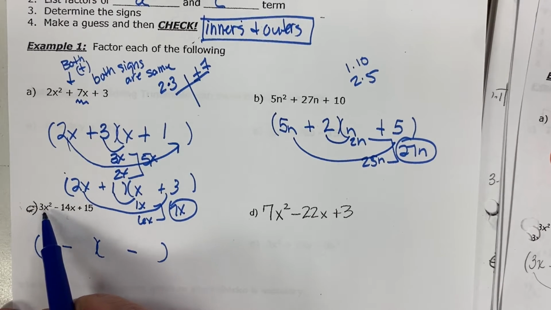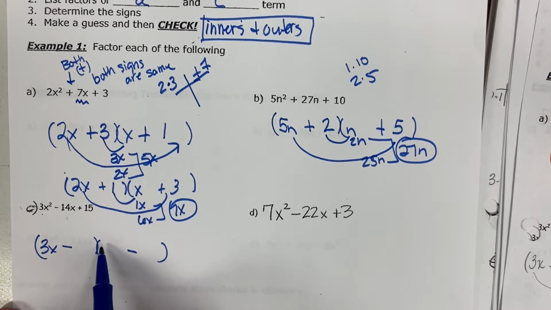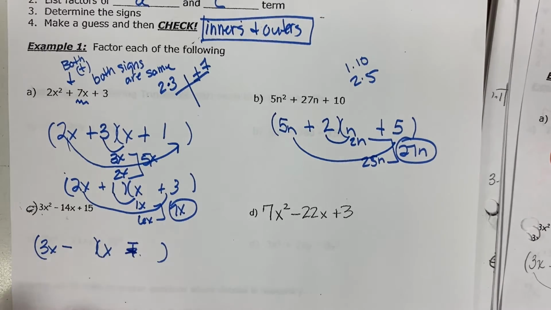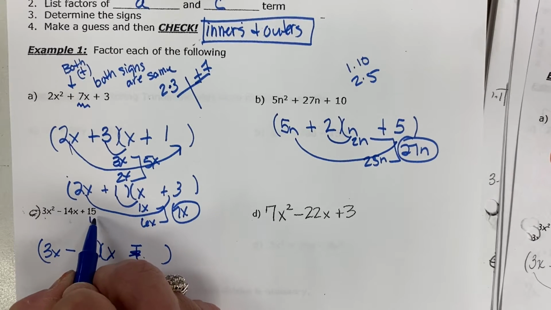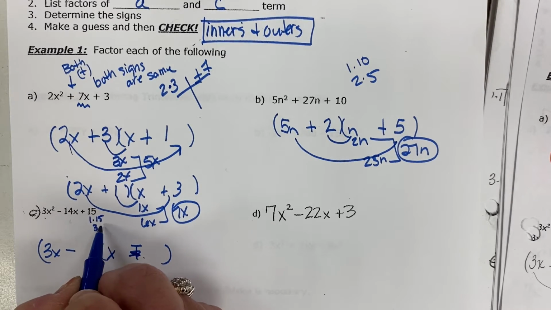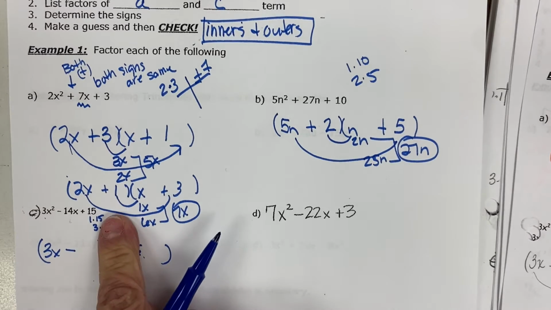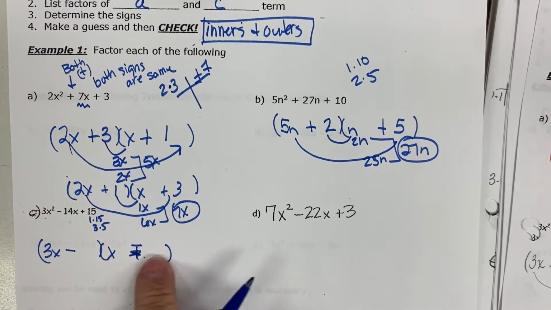Factors of 3 are going to be 3 and 1. So I'm going to have a 3x, and I will have an x. I'm sorry, that should be a negative and a negative. I'm looking for factors of 15. I'll have 1 times 15 and 3 times 5. Those are the factors that I can put in these last two positions.